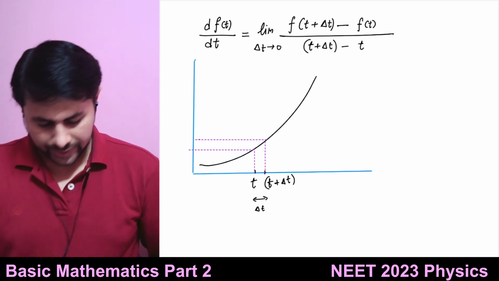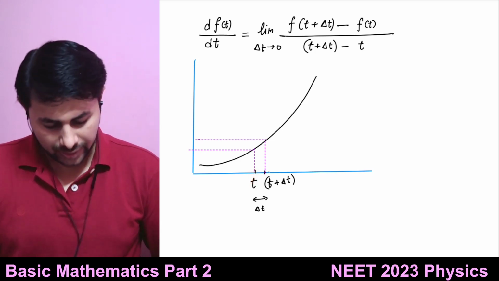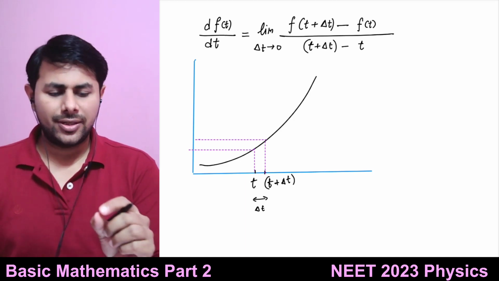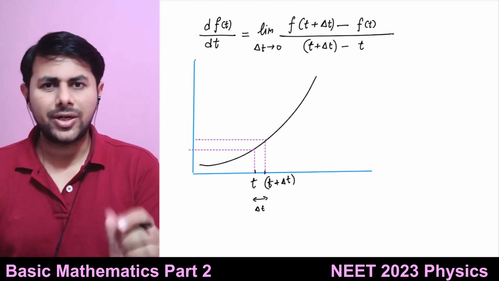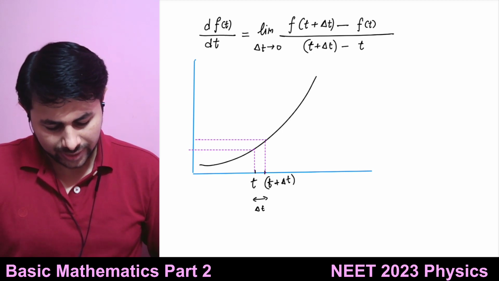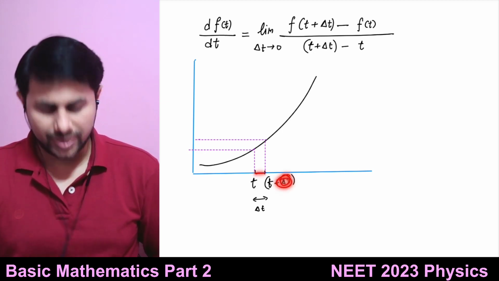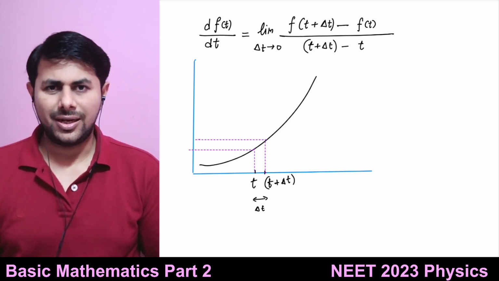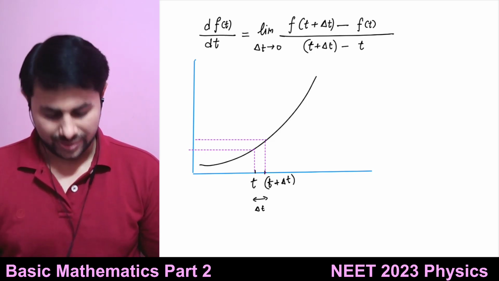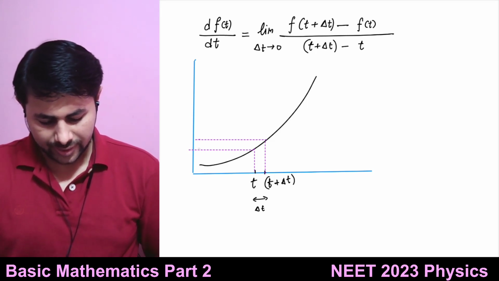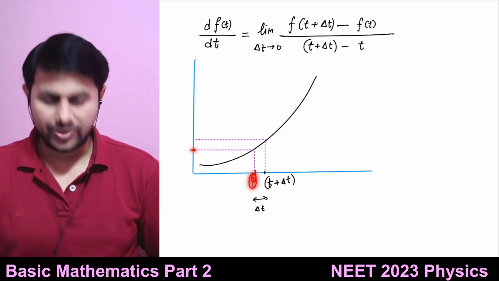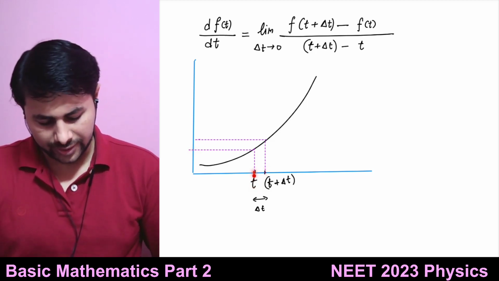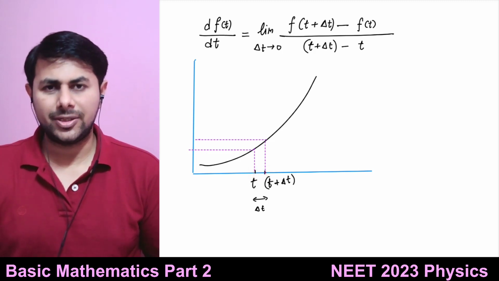So we take one value of a variable, then another value of the variable, but those two values are spaced with a very short interval. That interval here is delta t, and it is very, very small. Then you find the values of the function at this time and this time, at t and at t plus delta t.